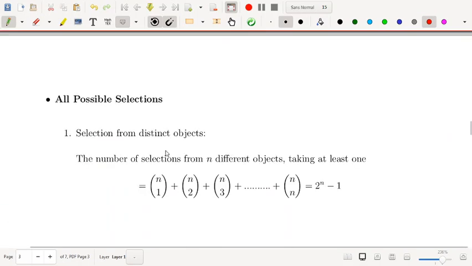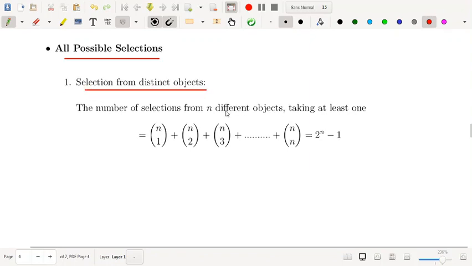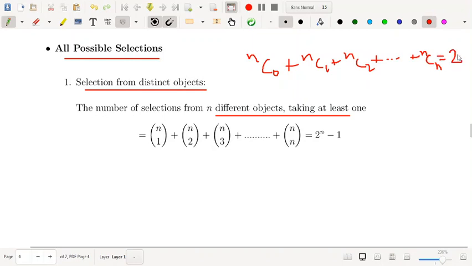So next I will define more things. So all possible selections I will explain. Selection from distinct objects. So I am talking about the distinct objects. Number of selections from n different objects, taking at least one. The result will be nC1 + nC2 + nC3 + ... + nCn = 2^n - 1, because nC0 + nC1 + nC2 and so on, plus nCn, this sum is given by 2^n.